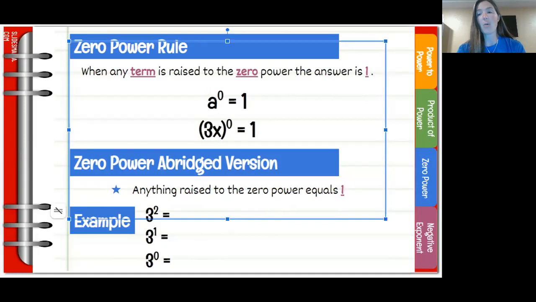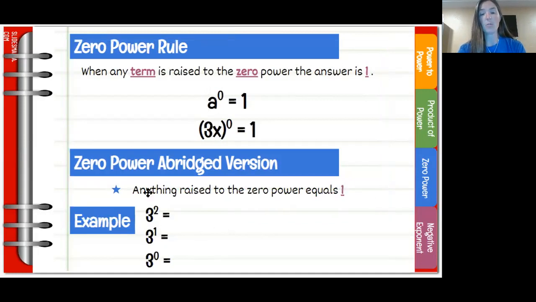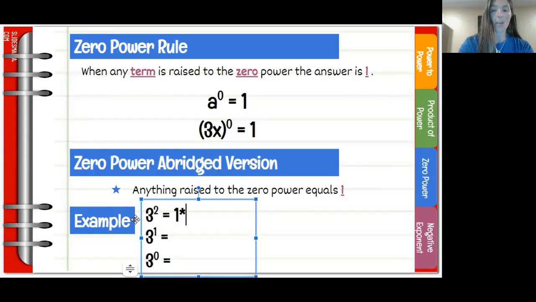That's it. Now, I want to show you why it equals 1. What you can imagine is that in front of both of these is a 1. So if I take 1 and multiply it times 3 squared, that is times 3 times 3, we get 9, which is the same thing as 3 squared. Then if I take 1 and multiply it times 3 to the first power, that just means there's only one of them, we get 3.